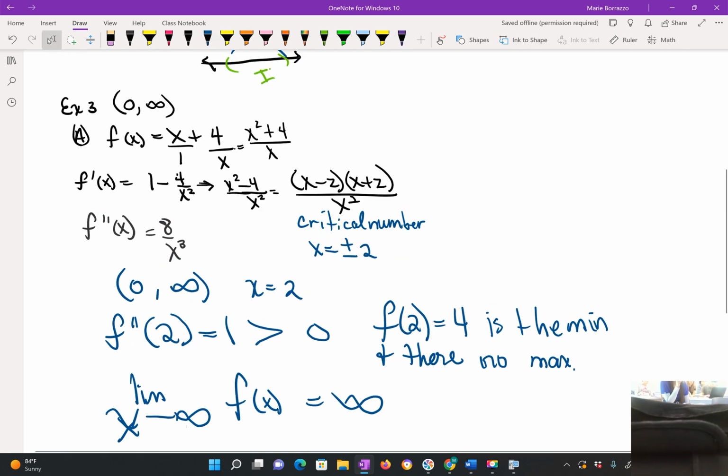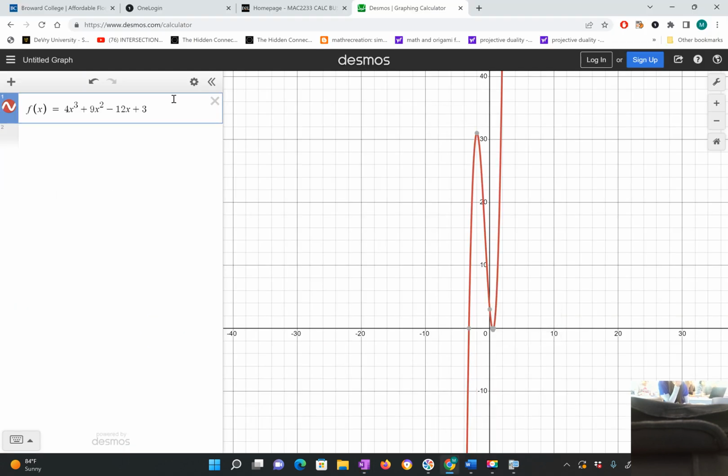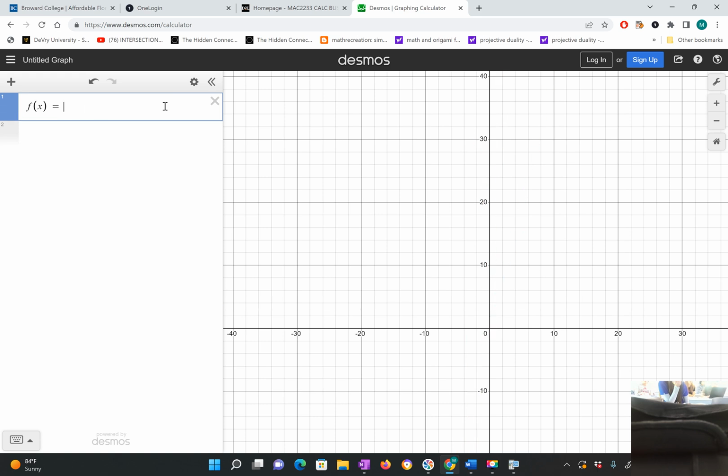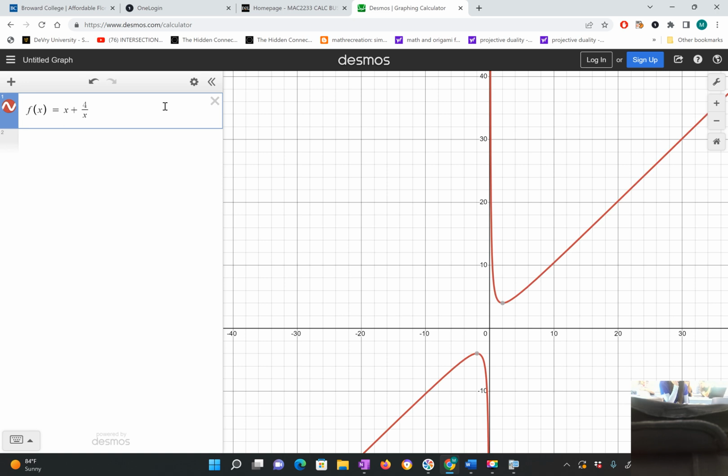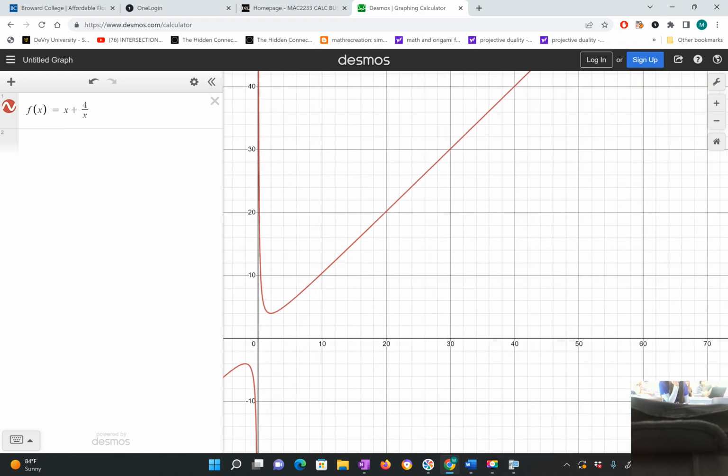So the original is x plus 4 over x. Look at it. We're only looking at 0 to infinity, so I'm only on this side.